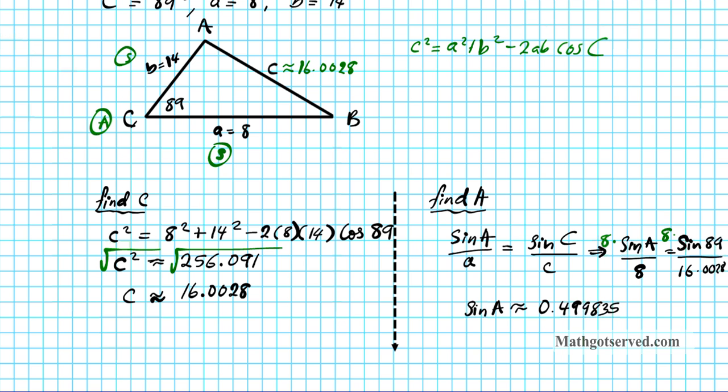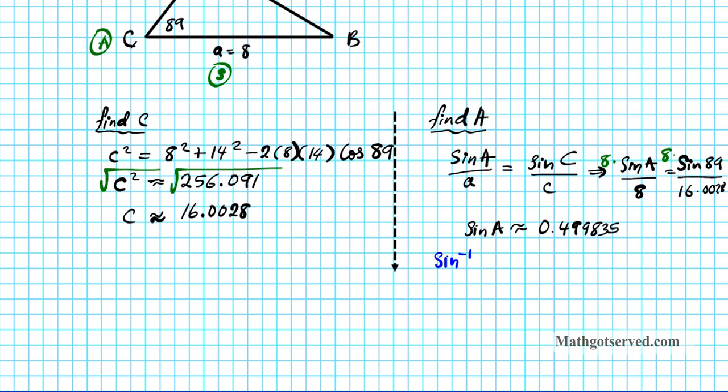So we're going to take the inverse sine of sine A. So inverse sine of sine A is approximately the inverse sine of this decimal value that we got before, 0.49935. These two cancel out, and then we're going to have A is approximately, let's go ahead and compute what the value is.